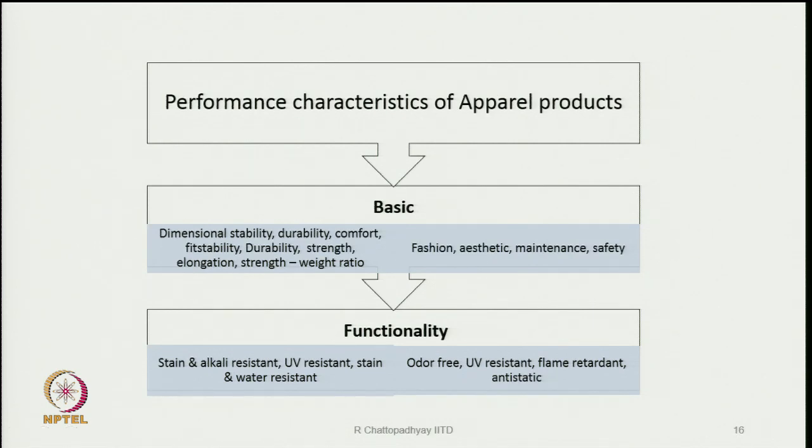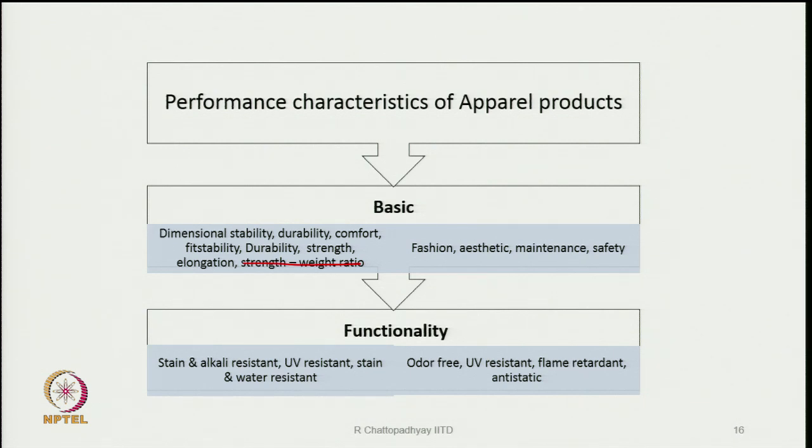Similarly, for apparel products, generally the basics are dimensional stability, durability, comfort, fit, strength, elongation, strength to weight ratio. All of them are important, though strength to weight ratio is really not so important in the case of apparel products, but fashion, aesthetics, maintenance and safety are really very important.